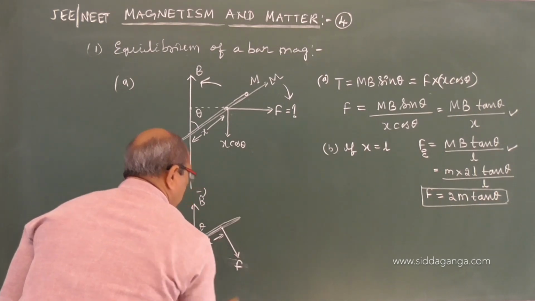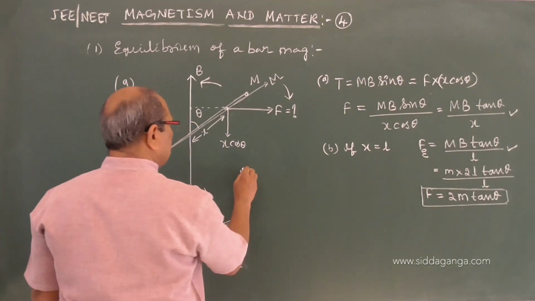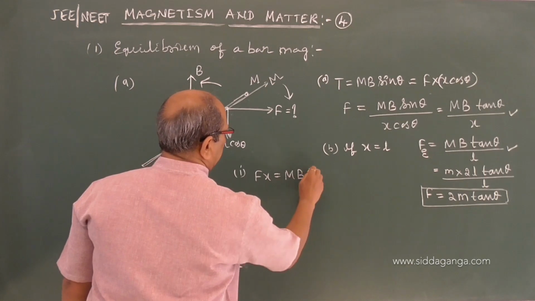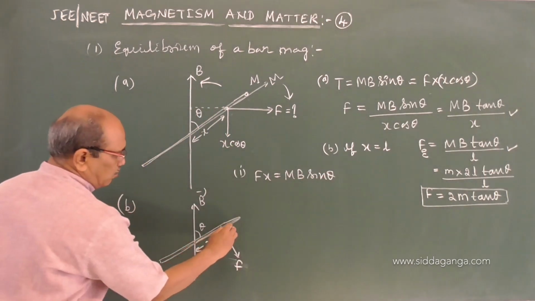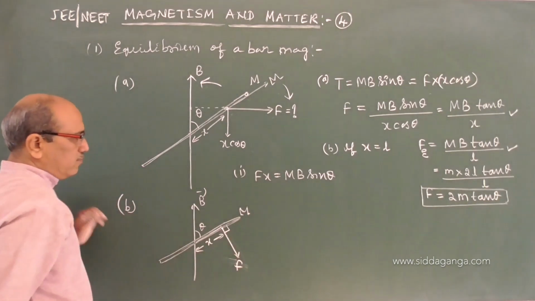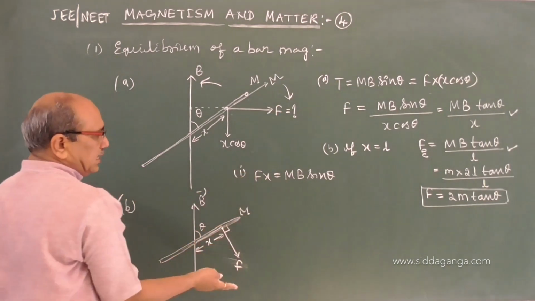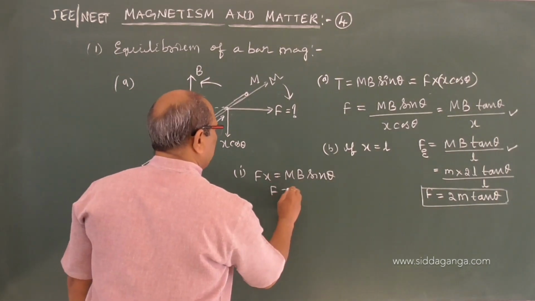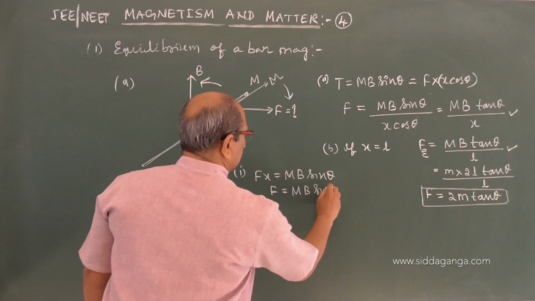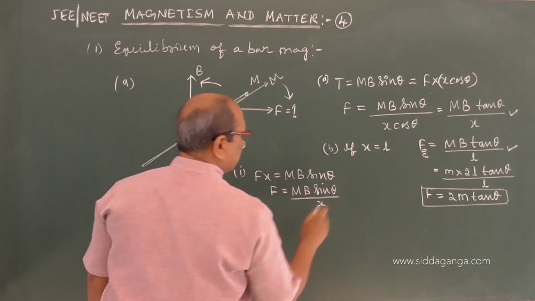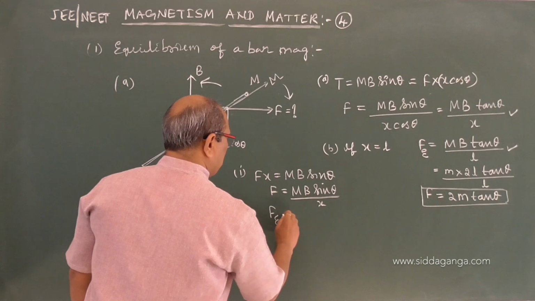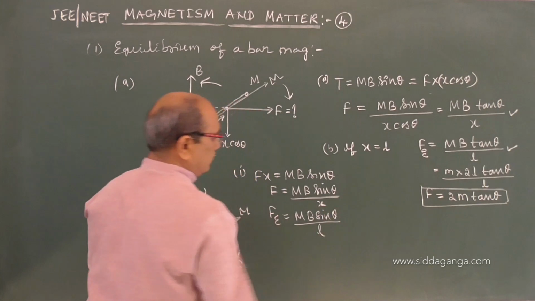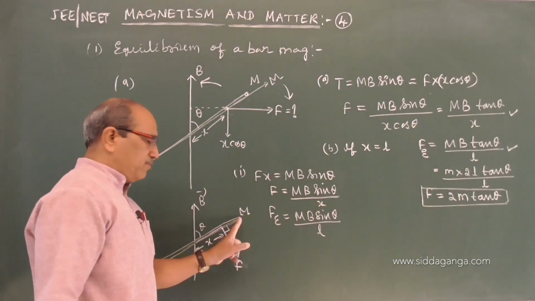This is the applied force at a distance x. Then for this, F into x is equal to mB sin theta itself, if the force is perpendicular to the moment m. The condition is slightly changed because x is perpendicular to F. Therefore, F is equal to mB sin theta by x. If you are applying at the end points, it becomes mB sin theta by L, since x becomes L at the end point if I apply the force here.